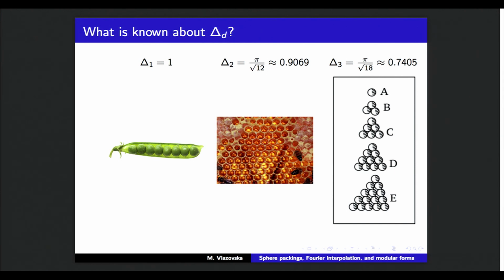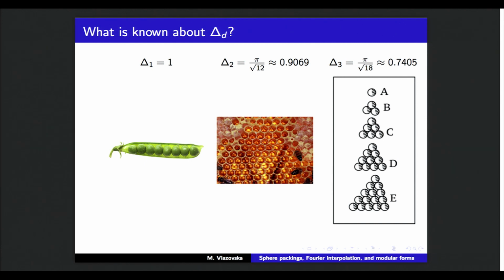In dimension 3, the sphere packing problem is the most famous, and it's known as the Kepler conjecture. Here is a picture from Kepler's manuscript, where he thought about the best possible arrangements of spheres. He conjectured that the best density we can achieve in dimension 3 is this number, which is about 74%.